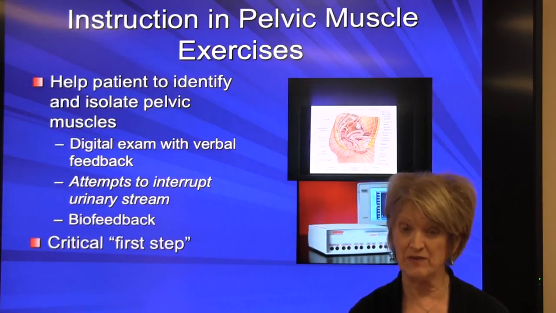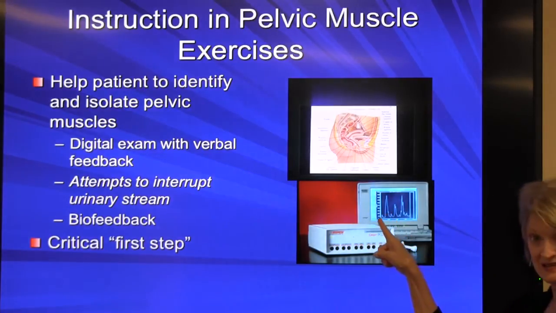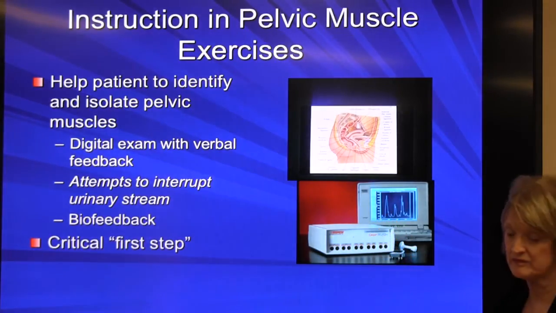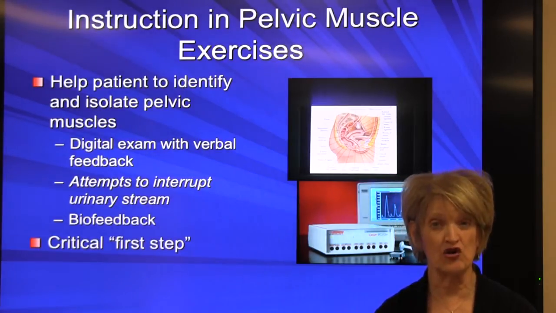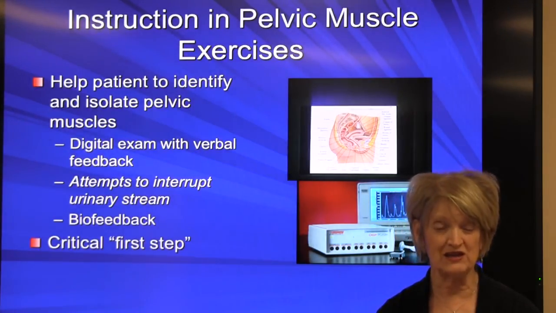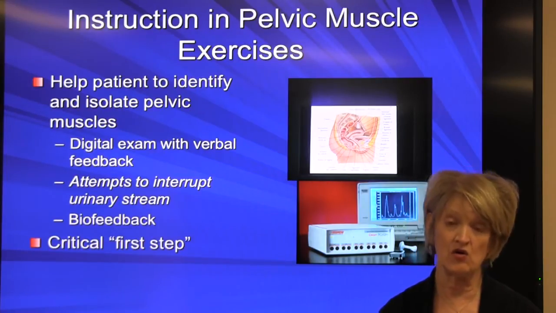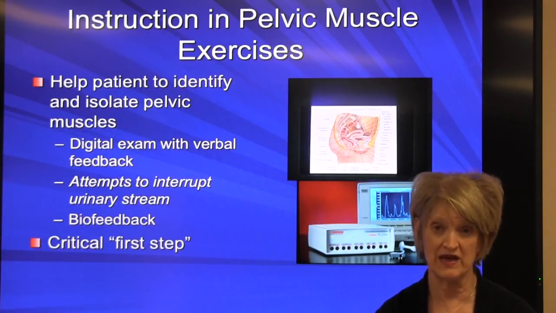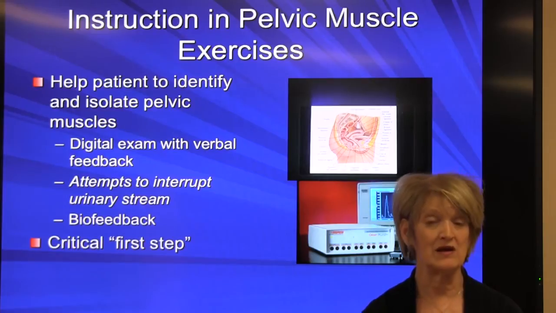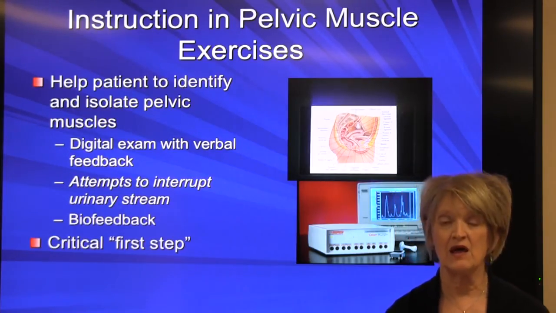Both give me feedback. Yes, that's the muscle verbally, or yes, that's the muscle visually. So biofeedback is a third approach to making sure that that patient is contracting the right muscle and that she or he knows that they're contracting the right muscle group. And so that they have information about how strong their contraction is and how long they're holding it.